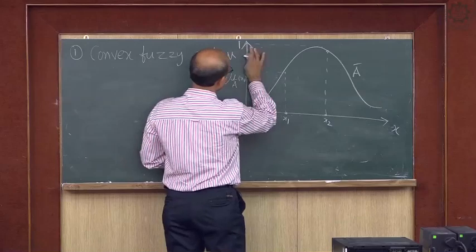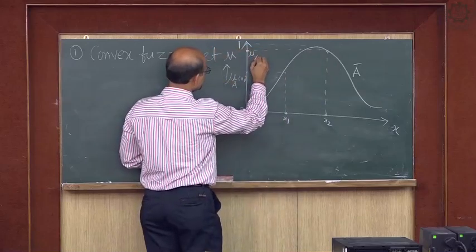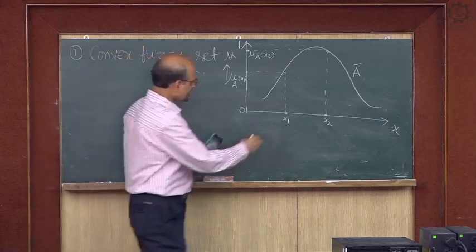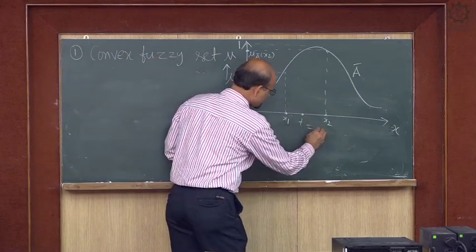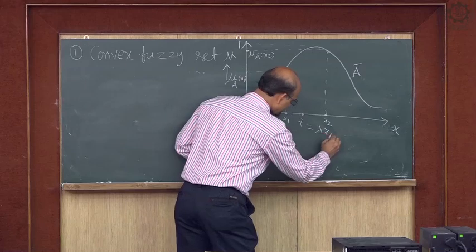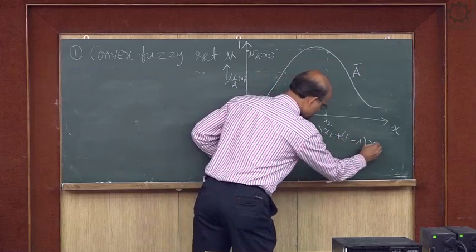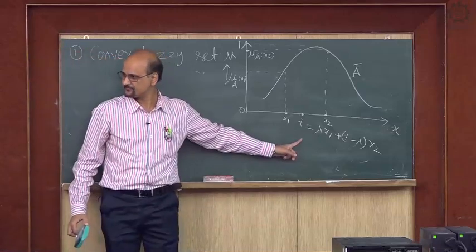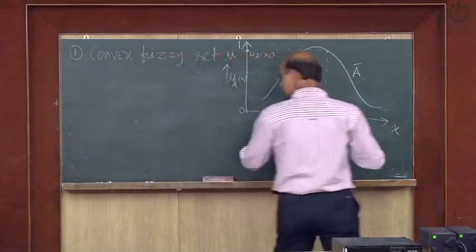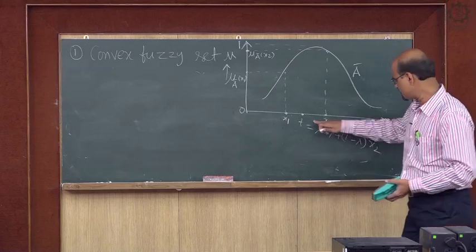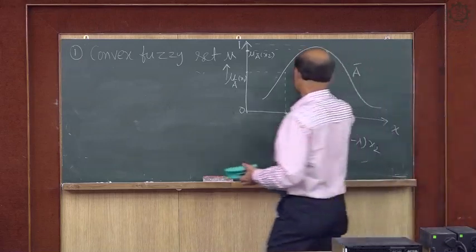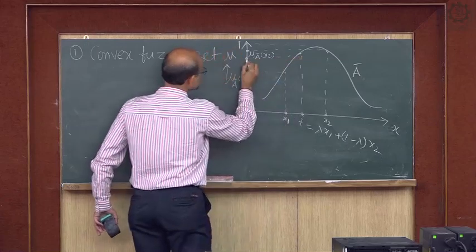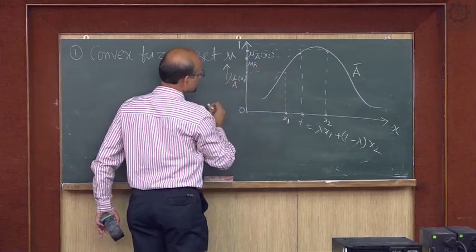So, this point is mu A bar of x2. Okay. Now, let us take any other point t, which is actually lambda x1 plus 1 minus lambda x2. For a particular lambda in 0 1, I can find this t. So, it will be in between x1 and x2. Okay. Now, take a vertical line here and draw this horizontal line. So, this is your mu A bar of t.